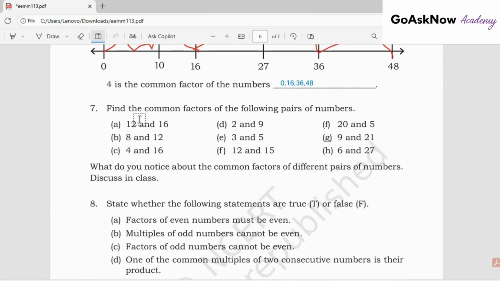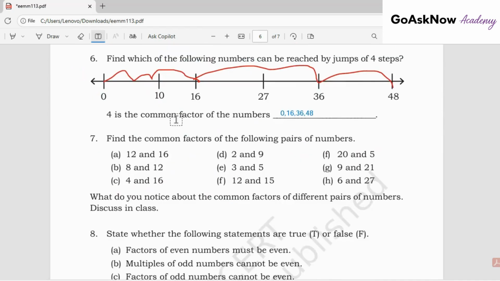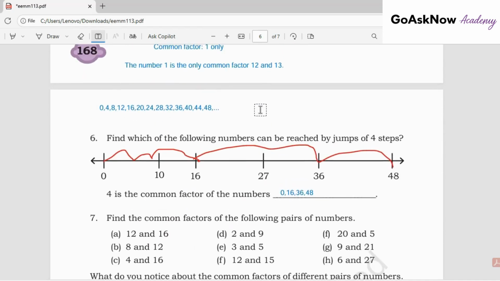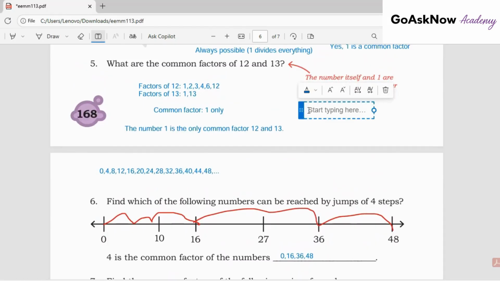Next, find the common factors of the following pairs of numbers. Let me calculate that one. For 7A, which is 12 and 16: the factors of 12 are 1, 2, 3, 4, 6, 12. The factors of 16 are 1, 2, 4, 8, 16. The common factors are 1, 2, 4.